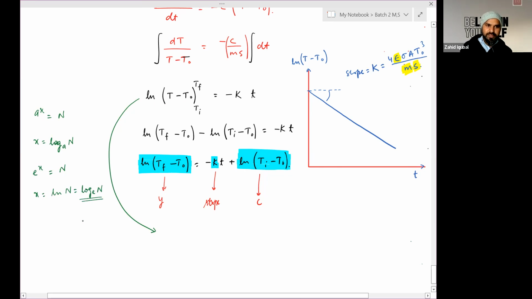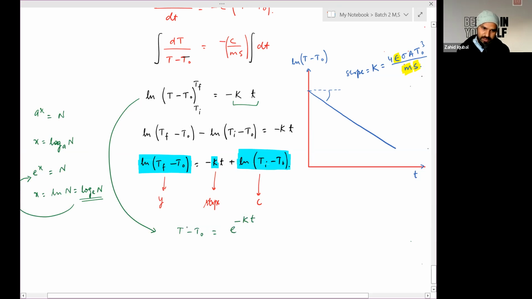If you remove this ln, you get the exponential of this quantity. So on solving, T minus T naught, I've just removed this ln, so on the opposite side you get e to the power this quantity, the exponential function.